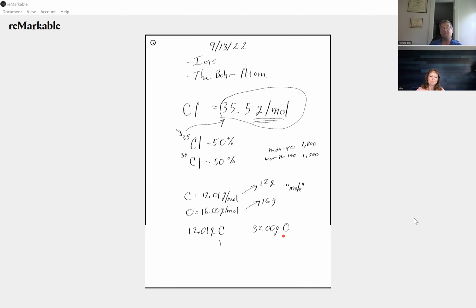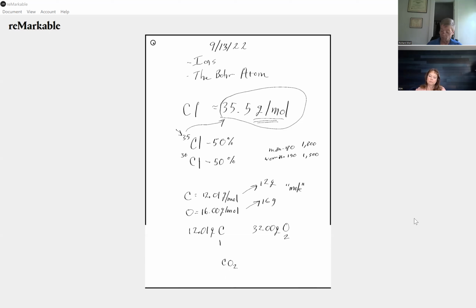What's 32 divided by 16? 2. 2, exactly. I think I heard you say 2. So with 12 grams of carbon and 32 grams of oxygen, we have twice as many oxygen as we have carbon. And we have our compound, CO2.